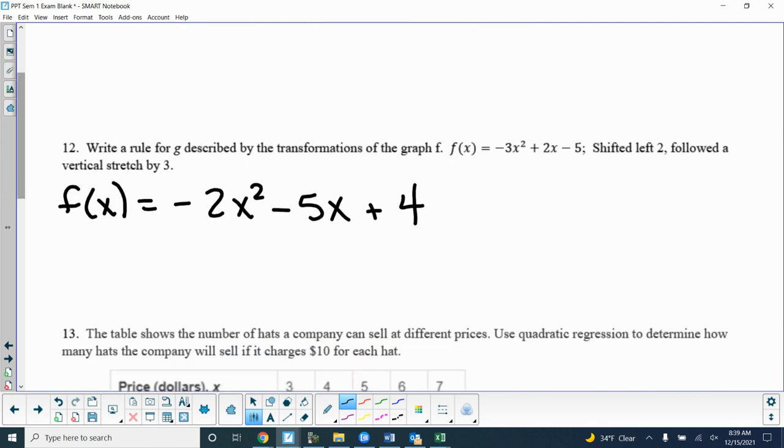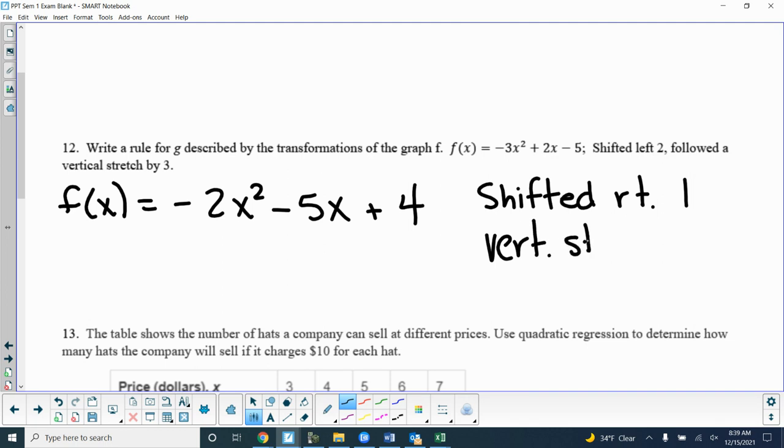And let's shift it right 1 and vertically stretch it by 5, let's say. Okay?